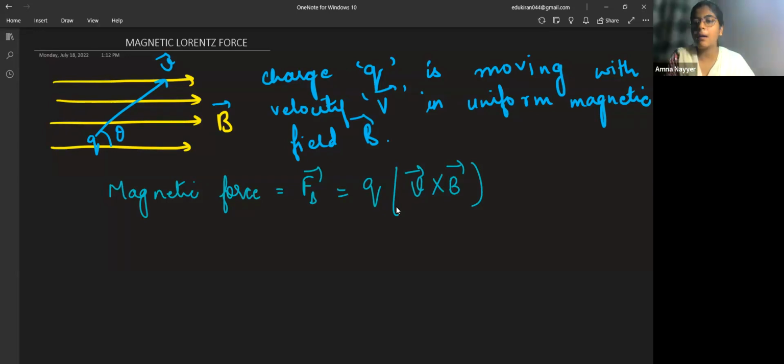Yes, Rabba, do we use sine theta or cos theta with cross product? Sine theta or cos theta? V cross B is there. So VB sine theta or VB cos theta? Cos theta.